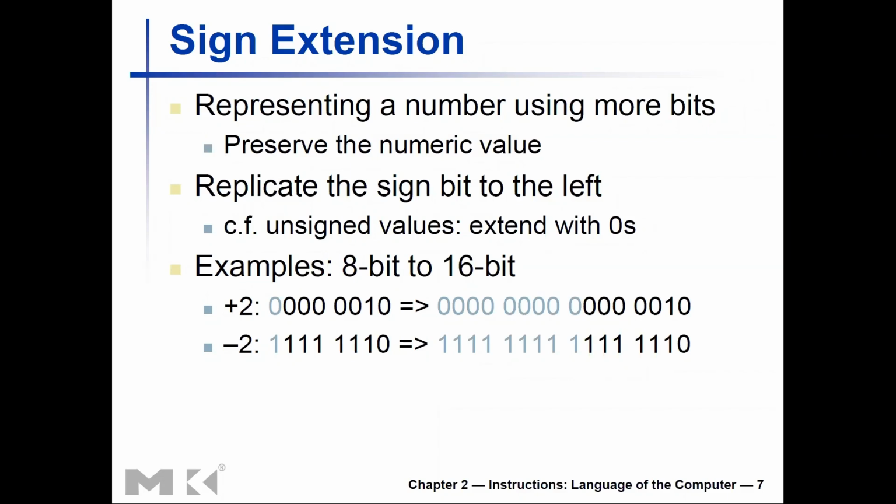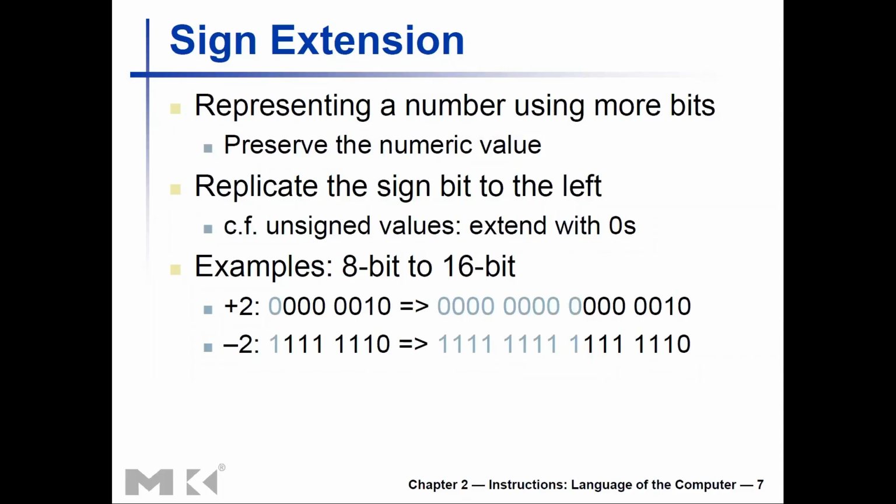Here it is about representing a number using more bits, preserving the numeric value. So you have something like -4 or +4. It could be minus or plus, and you have represented it using fewer bits.